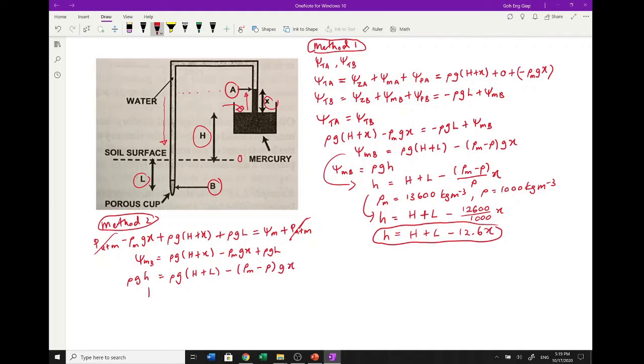So we can cancel out the rho g, so we have h plus L minus (rho m minus rho) divided by rho, that will be x.